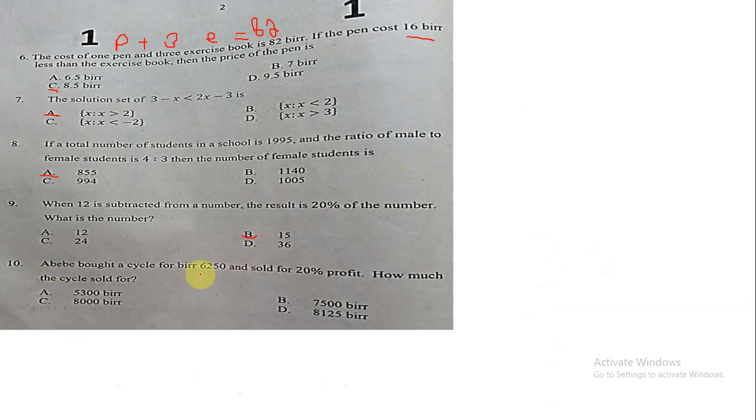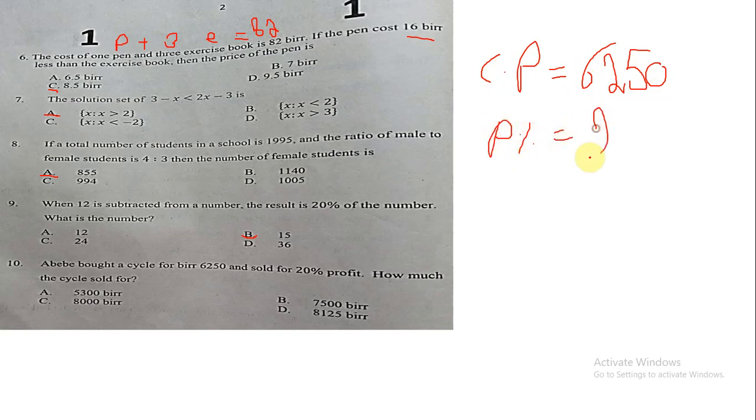Now here what we have for cost price. Cost price we have 6,250 and profit percent we have 20%.